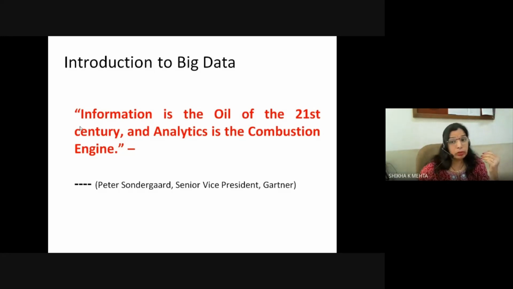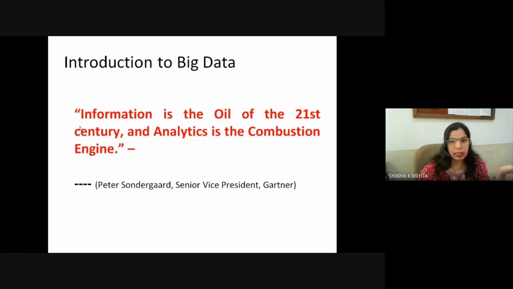According to Gartner's vice president, information is the oil of the 21st century and analytics is the combustion engine. So it is important that we analyze the data we have stored and derive useful insights so that we can make more money out of it.